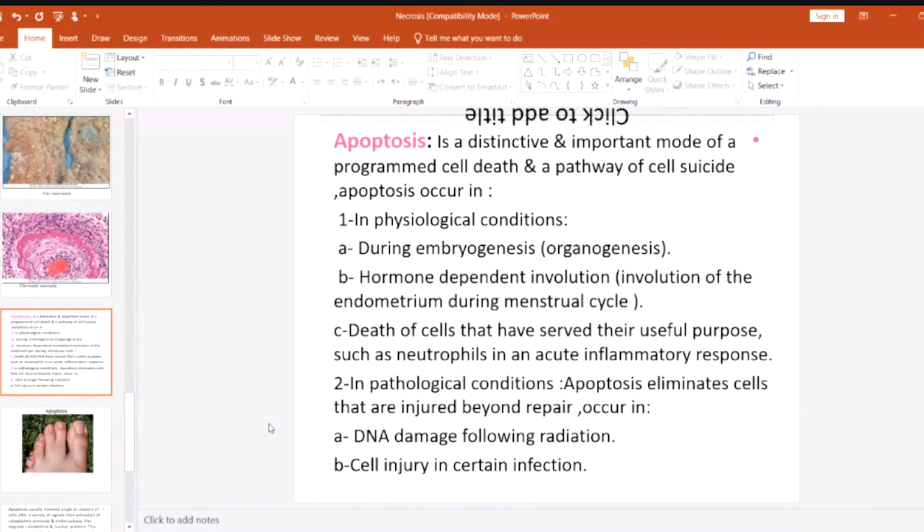When there is DNA damage, the cell is at risk of changing into, for example, a tumor. So if there is apoptosis, there will be no change of such a cell with abnormal DNA into a tumor. So it means that apoptosis is a mercy. It is a mercy for the body to get rid of the cells that changed under the effect of, for example, radiation. Is this point clear?